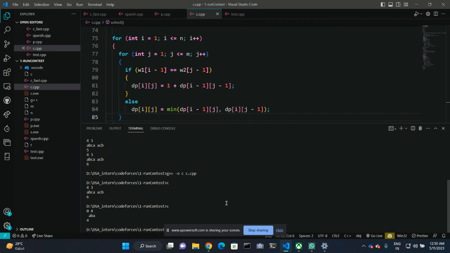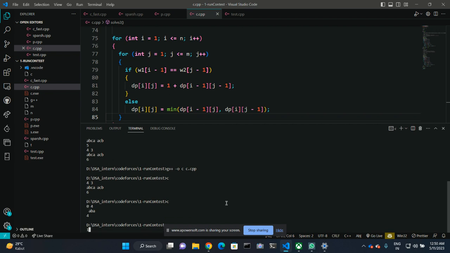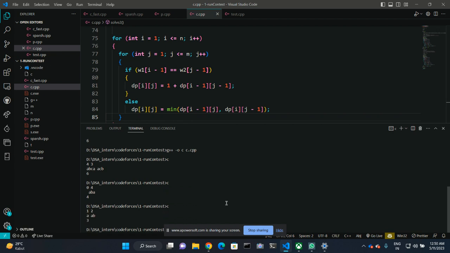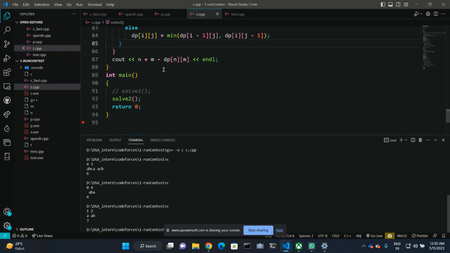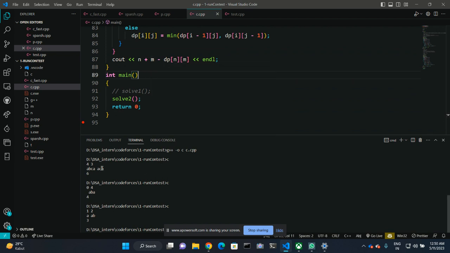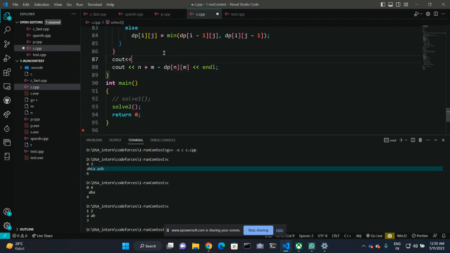Check, I can give this one: 1, 2, A, 3. Why then? So 1 extra.